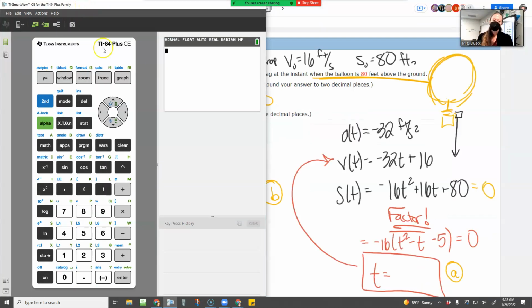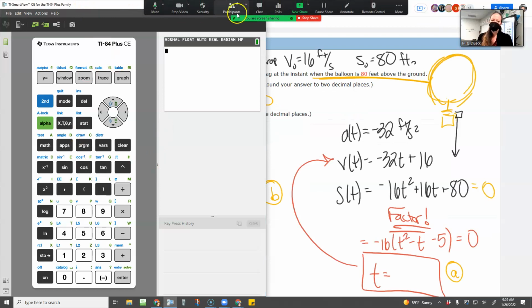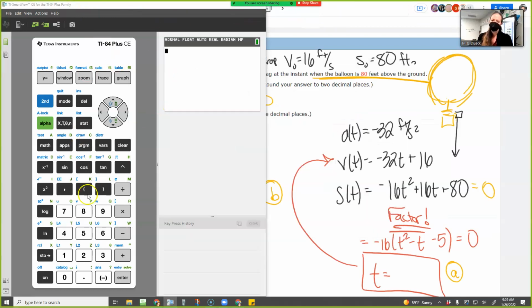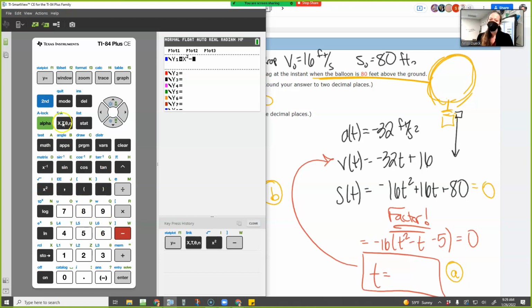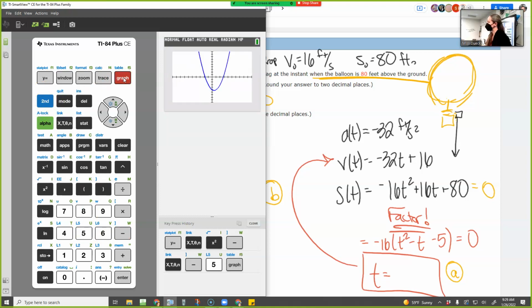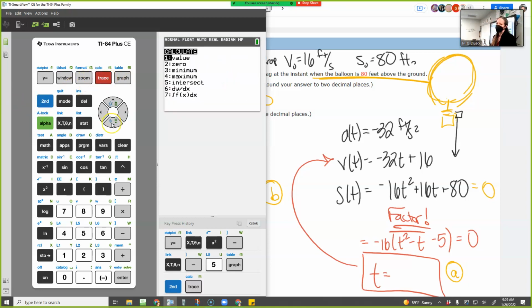But what if I put this in my calculator and just say, I need the zeros of this nasty quadratic? We can totally do that on a graph, which is why when we get into further AP practice, we're going to have to make sure you can use your grapher, because the zero is right there. Do you remember how to find it with your second trace feature?